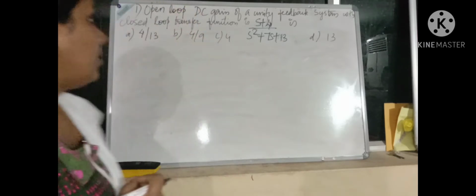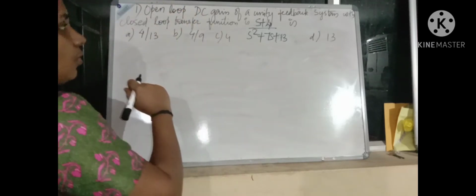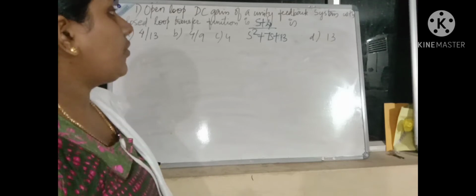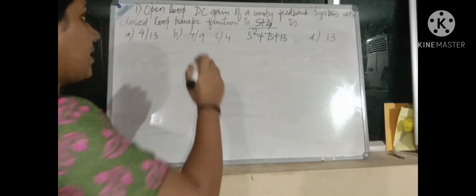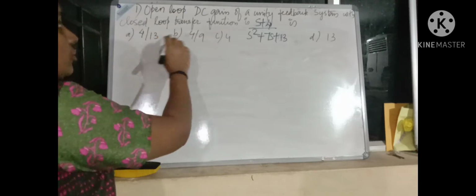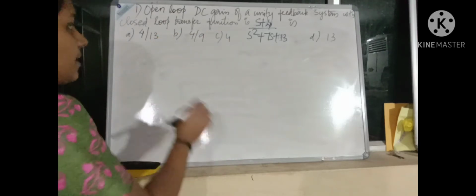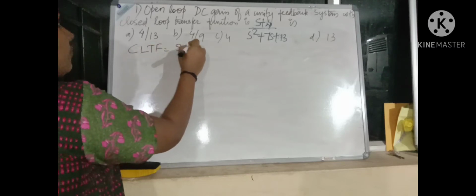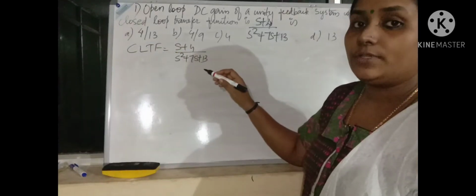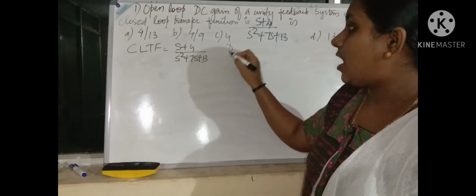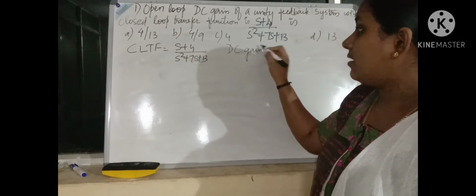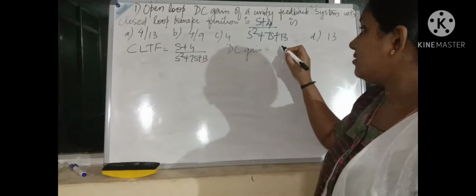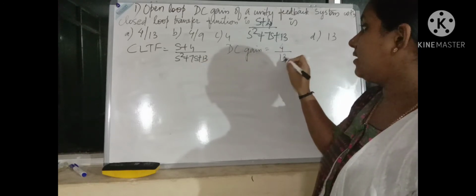Okay, here see, most of the students got confused while doing this type of question. Here the closed loop transfer function is given as (s plus 4) divided by (s square plus 7s plus 13). Most of the students will find the DC gain by putting s equal to 0, giving 4 by 13.